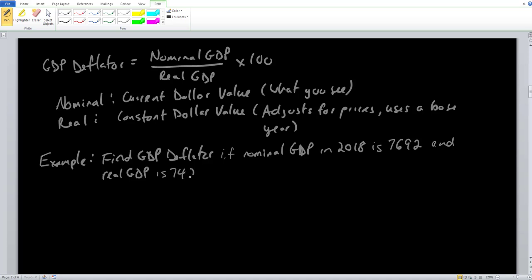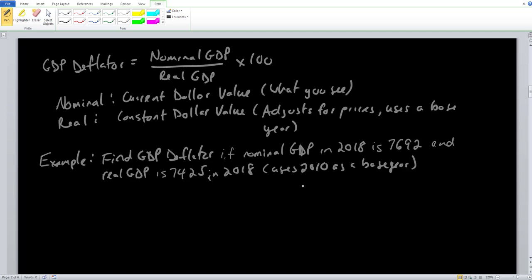Suppose that I tell you that's also in the year 2018, and that it uses 2010 as a base year. So this calculation of real GDP in 2018 uses 2010's prices.